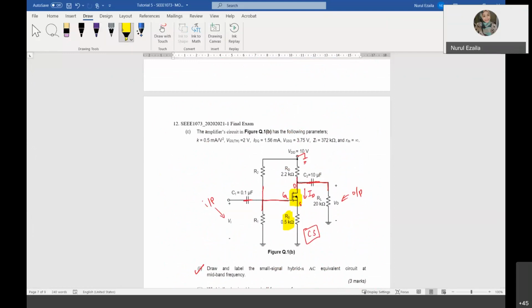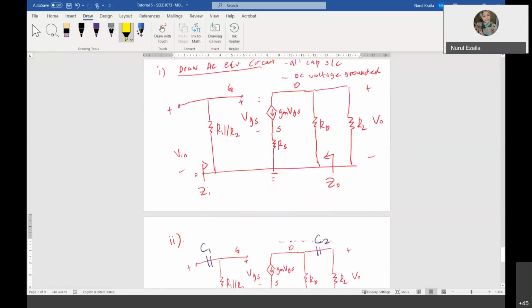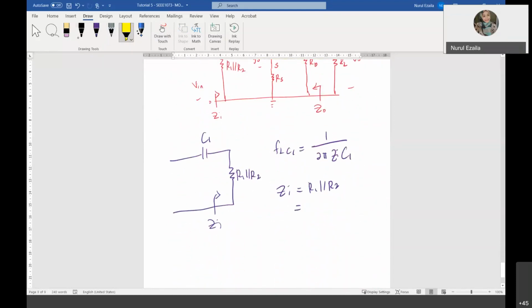Look at the question. This question is interesting, because it is a continuous question. IDQ given, VGSQ given, Z in also given. Z in is 372K ohm.